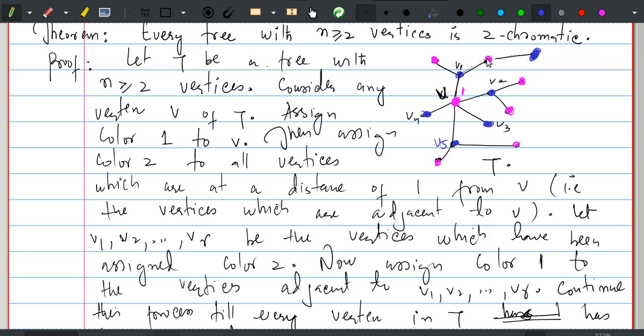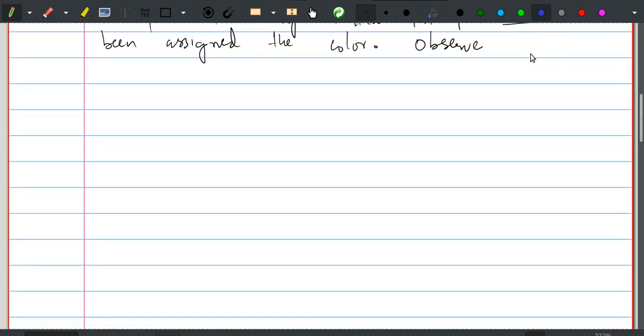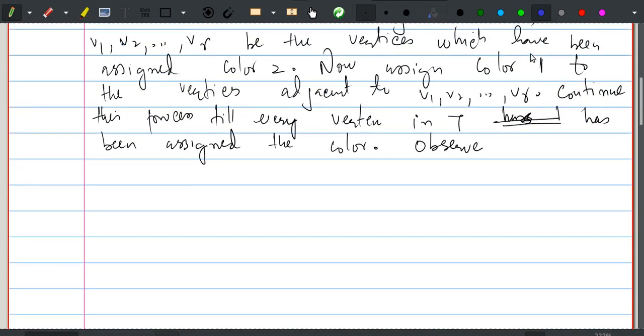The vertices at distance 2, the even distance, are colored with pink, which is color 1.